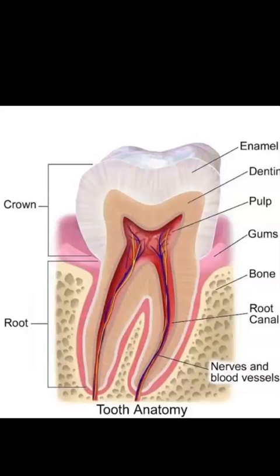Chemically active irrigants are tissue dissolving agents like sodium hypochlorite, oxidizing agents like hydrogen peroxide, antimicrobial agents like chlorhexidine, MTAD, iodine, and chelating agents like EDTA. We have various root canal irrigants available in the market, so we can use any one of them.